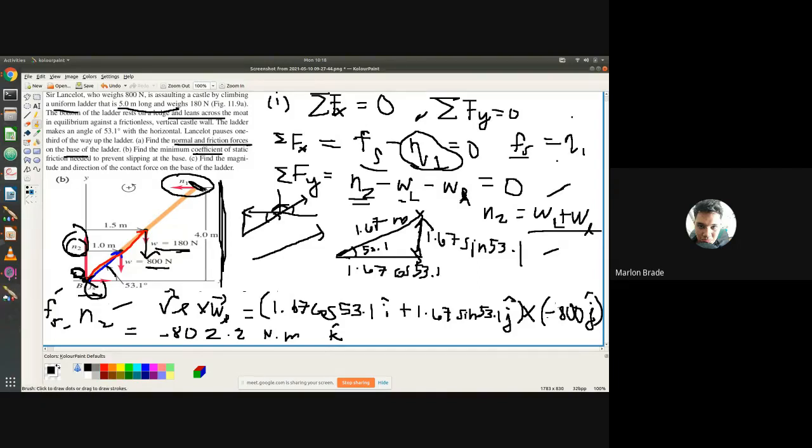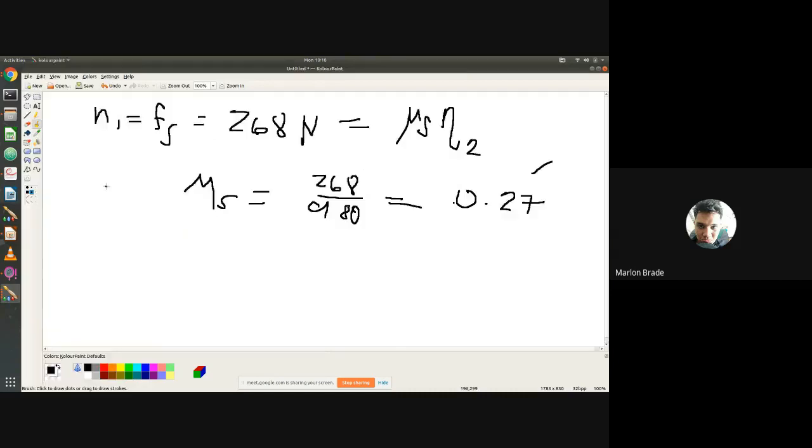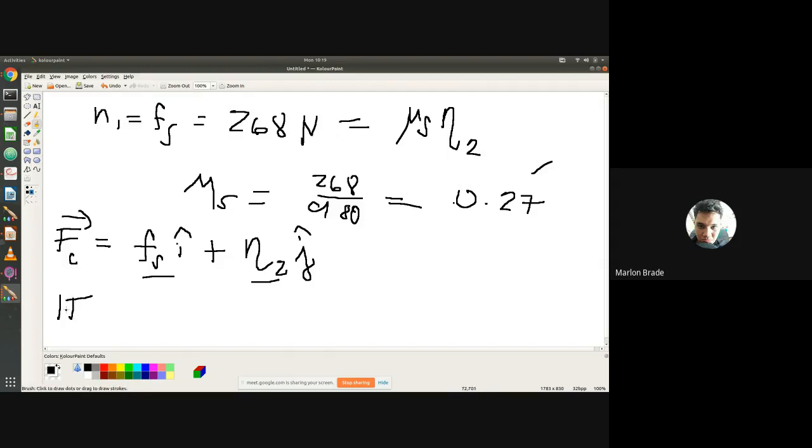So if I call it F sub C, meaning contact force, the force is equal to Fs, whose direction is along positive i hat, and the direction of N2 is along j hat. Okay? So what is the magnitude of this?